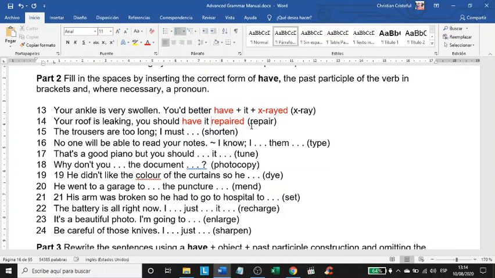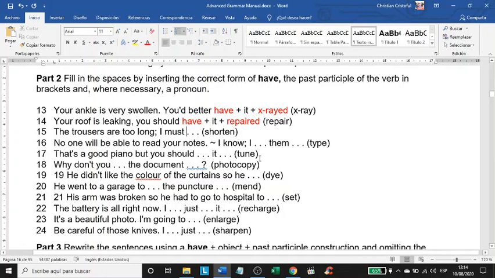Number 2 says, your roof is leaking. You should have plus object plus past participle, repaired. Okay. Number 3. The trousers are too long. I must ask someone to shorten my trousers. I cannot do it myself.